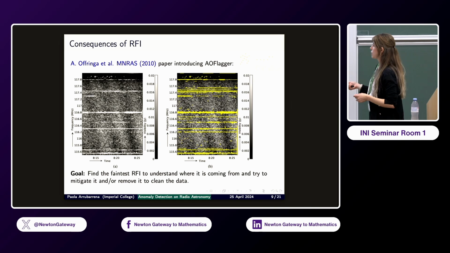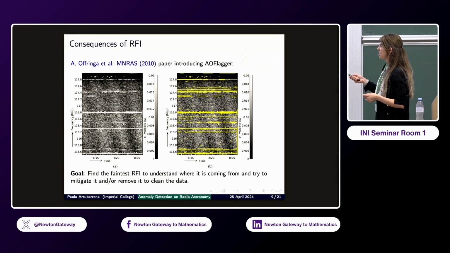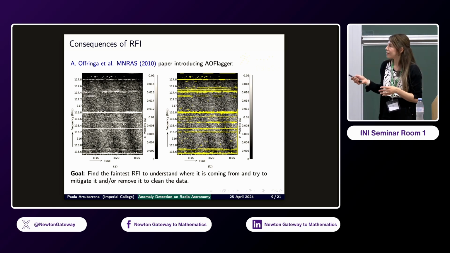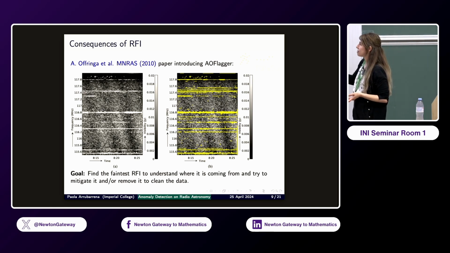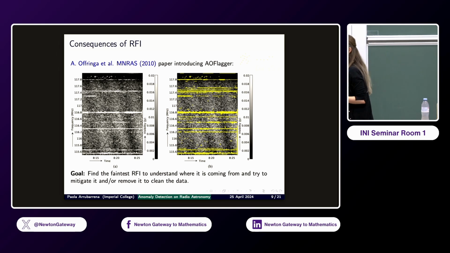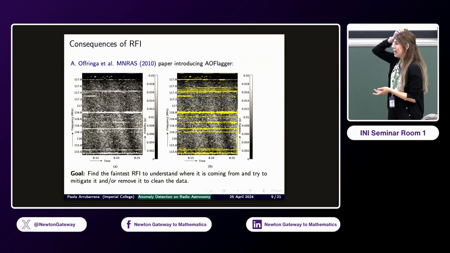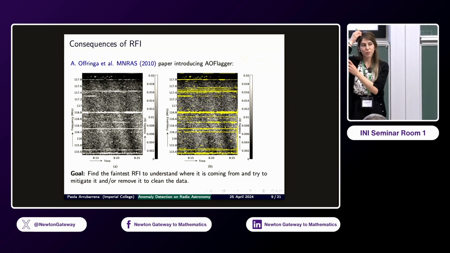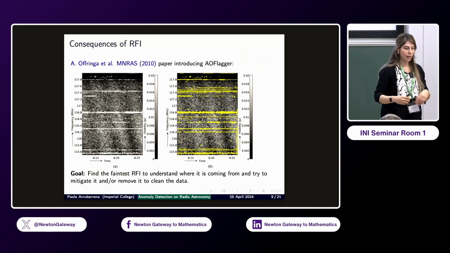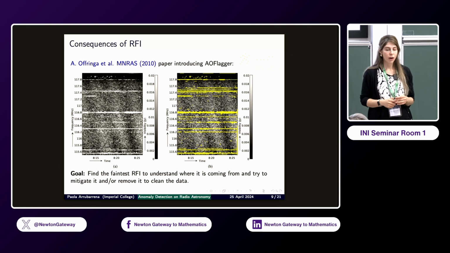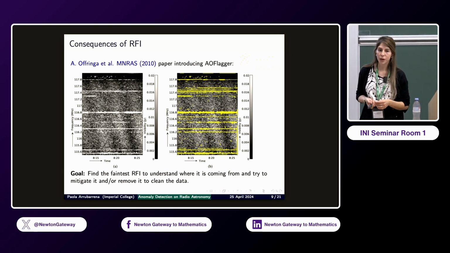In these plots, you can see we have time and frequency. All of these lines are actually noise, and it looks pretty ugly. Imagine you're looking for your signal to be somewhere around here. Well, this really doesn't help anything. Bojan was telling us that sometimes in HERA, they had to throw away months and months of data because they were getting horrible RFI.